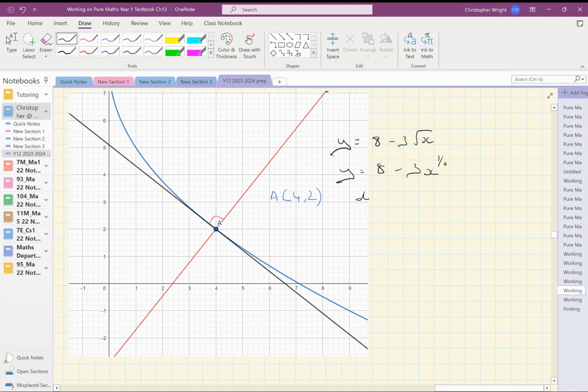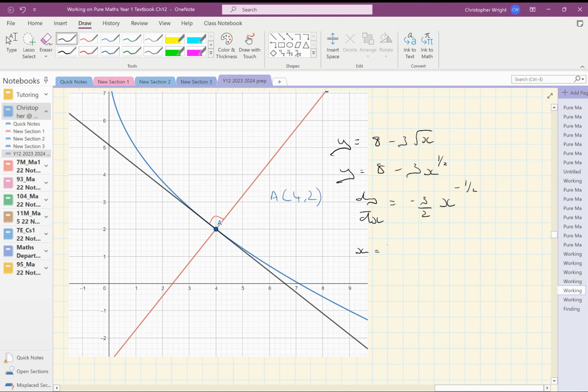So dy by dx is going to be: 8 differentiates to 0, and so I've got a half times minus 3, so that's minus 3 over 2 times x to the minus a half. That's what it differentiates to. That's the gradient function. I want to know the gradient when x equals 4.